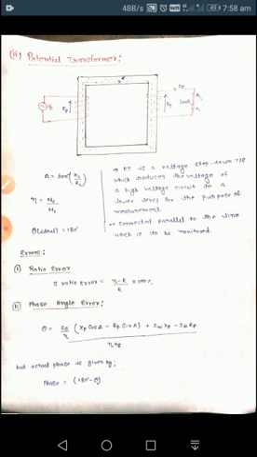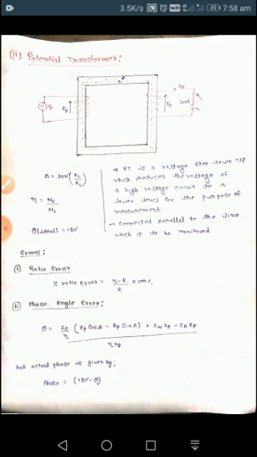Let us see how a potential transformer looks. Here we have two windings. One is primary side and other is secondary side as shown in figure. Here we have a primary EMF and a secondary EMF generated, and the load is RL XL as shown in figure.